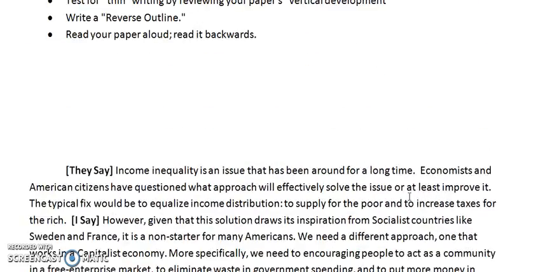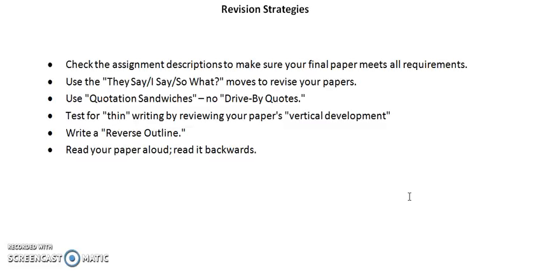The final strategies I'm not going to talk about too much, but I have put handouts on, I think it's week 15 or week 16 of the weekly modules that you can read through. And one is tests for thin writing by reviewing your paper's vertical development. How deep does your discussion go?